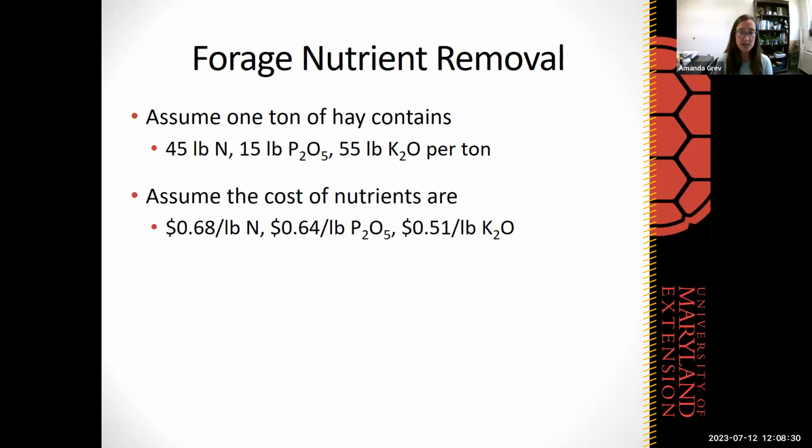And we look at the cost of those nutrients. This is where we're pulling in those numbers from that very first slide where we looked at the cost of each of these nutrients on a per pound basis. So we have 68 cents per pound for N, 64 cents per pound of P2O5, and 51 cents per pound of K2O. And I updated those just earlier this morning, actually, based on the June 2023 values, so they should be fairly current.